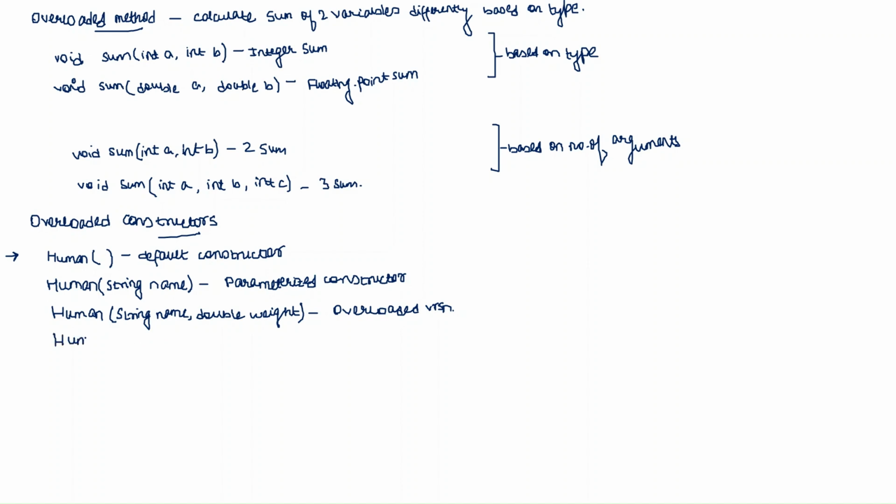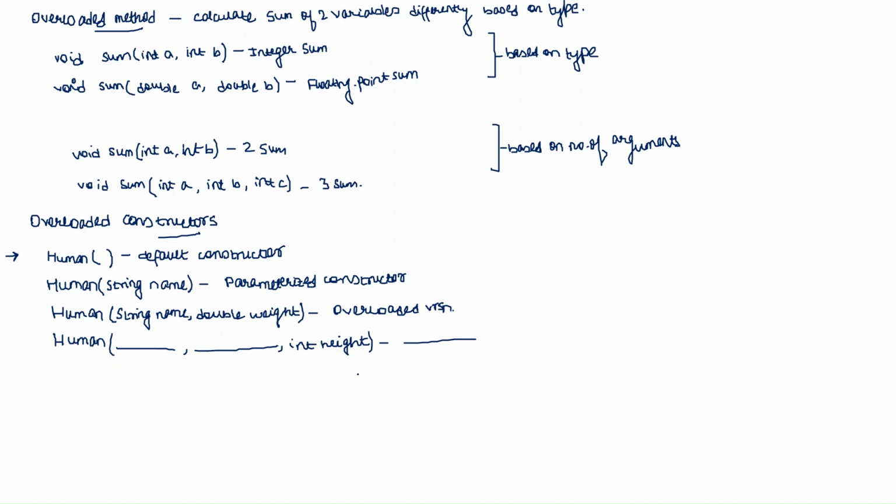Then again, let me say that I know his name, his weight, and I also know his height. So I want to instantiate a human being with all of these features. So this is another overloaded version of the Human constructor. So you see there can be multiple constructors like this.